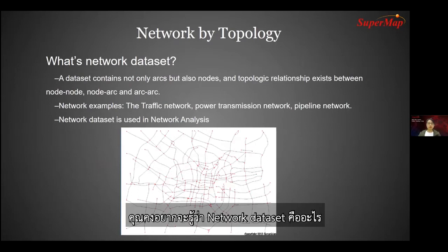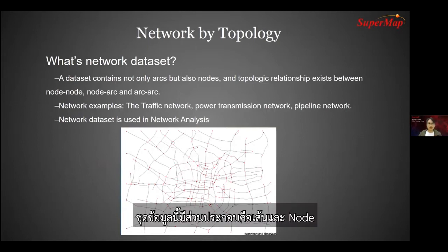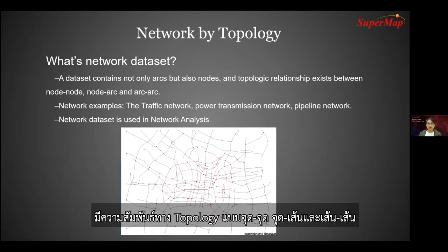You may wonder what the network dataset is. The network dataset contains not only arcs but also the nodes, and the topology relationship exists between node and node, or node and arc, and arc and arc.